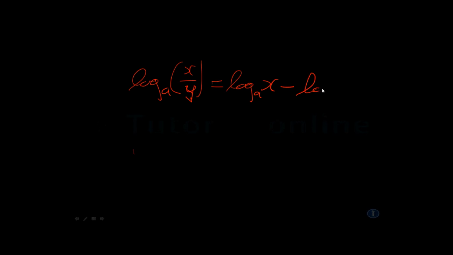And thus, our next step then is to say that the logarithm of x divided by y to the base of a is equal to the logarithm of x to the base of a minus the logarithm of y to the base of a.